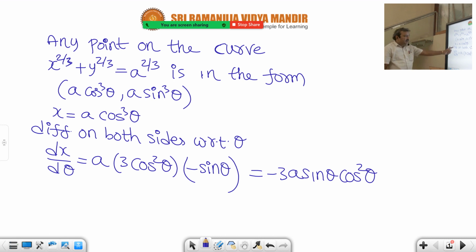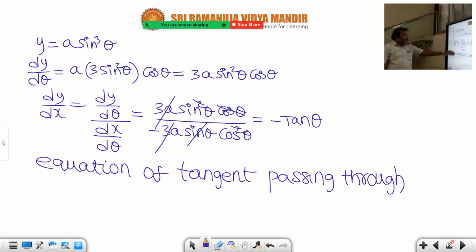Now you have to take differentiation with respect to theta because the parameter is theta here. So first calculate dx by d theta, right? And after that here y is equal to a sin cube theta. Then calculate dy by d theta. And after that calculate dy by dx. dy by dx means dy by d theta divided by dx by d theta.